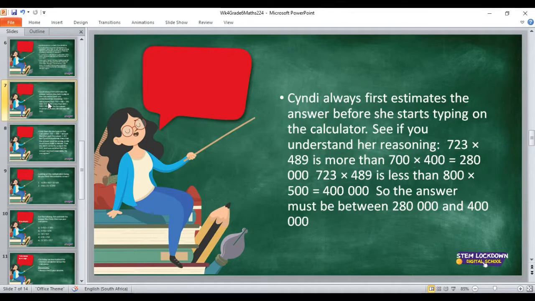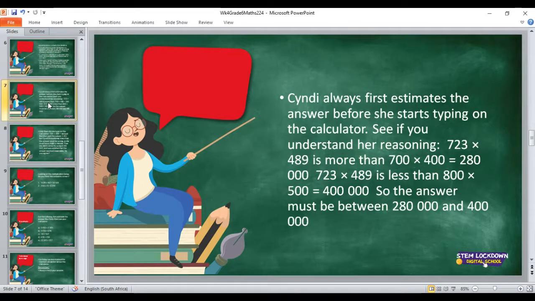Okay, and now 723 multiplied by 489 is less than 800 multiplied by 500, which equals 400,000. So the answer must be between 280,000 and 400,000. Do we see how Cindy does the estimation?